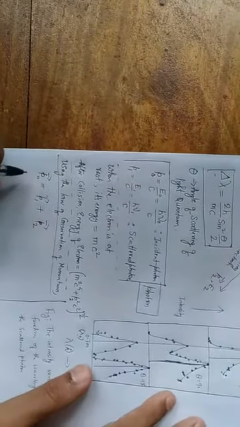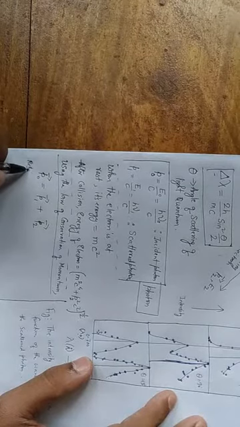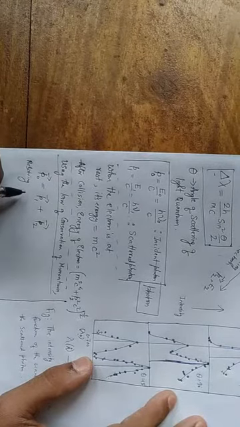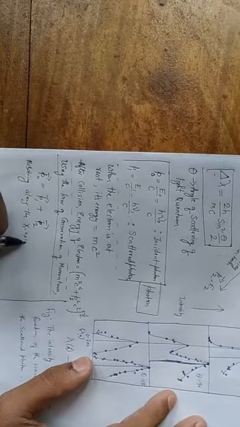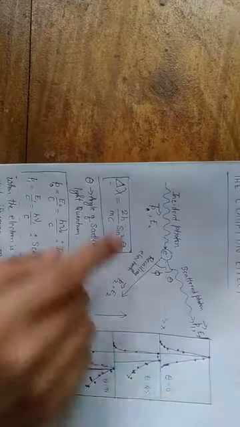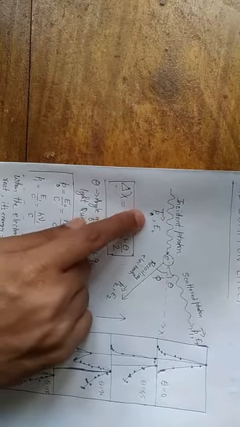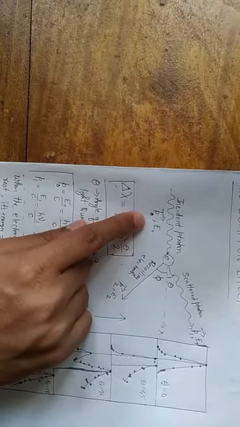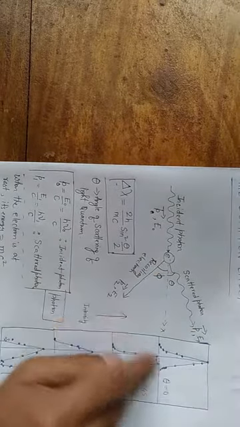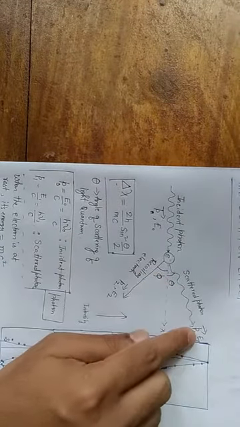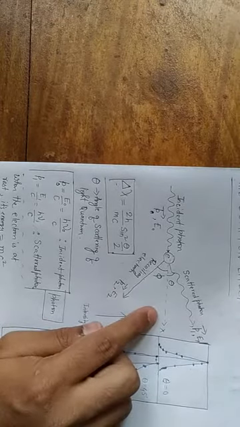Or in other words, resolving along the x-axis, what do we get? For the incident photon we have p naught only, and for after the collision we have p1 cos theta plus p2 cos phi.